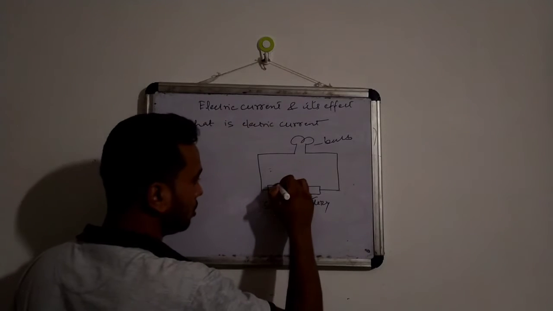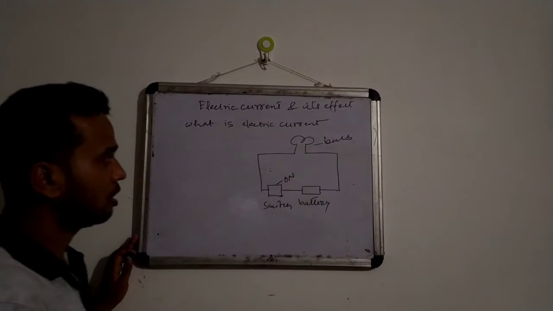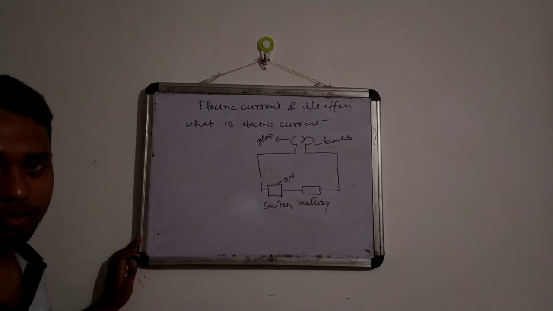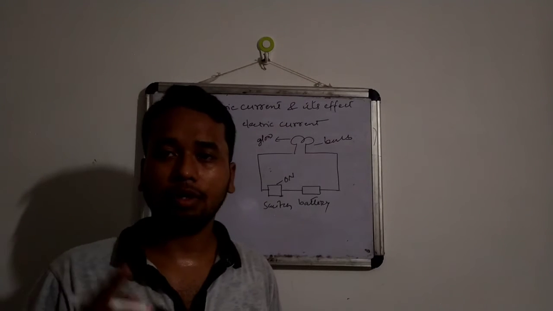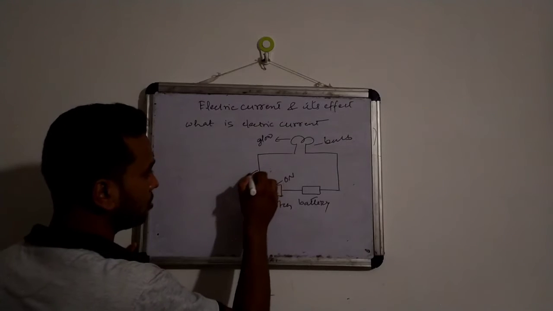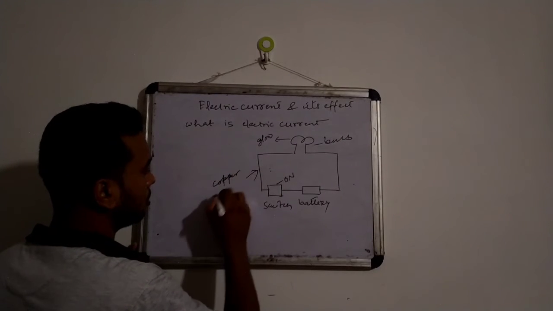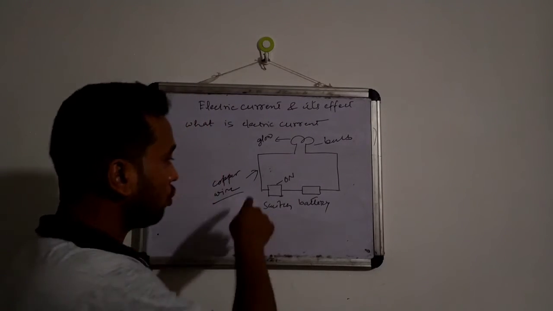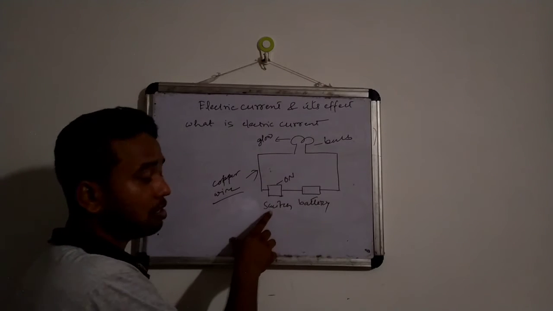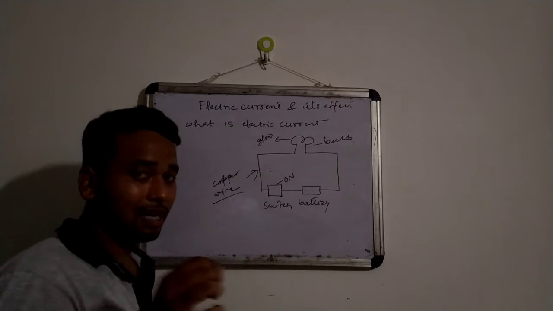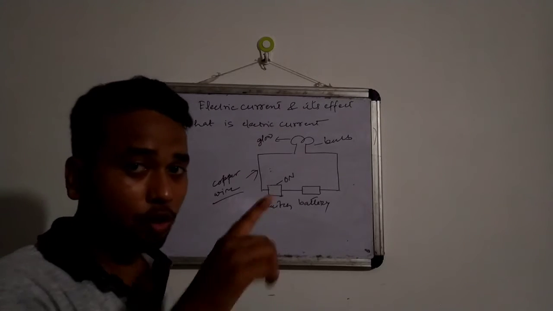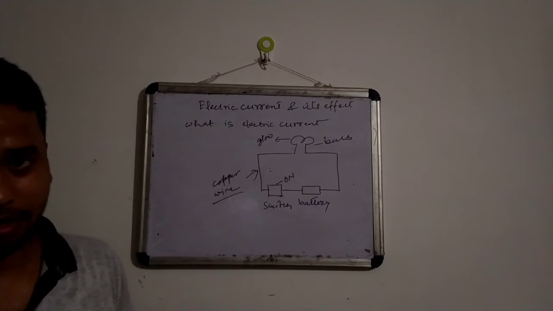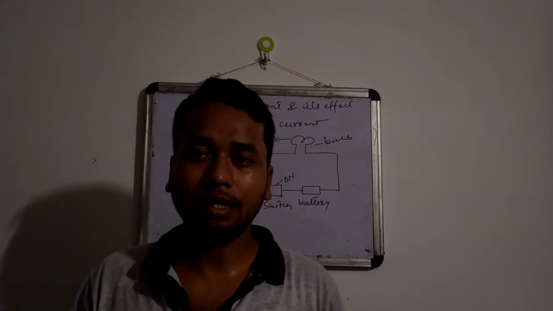Now if we switch it on, then the bulb glows. So the question is, why does the bulb glow? The answer is that something flows through this copper wire as we switch on, and that something which flows through the copper wire and makes the bulb glow is called electric current. Due to this electric current, the bulb glows.